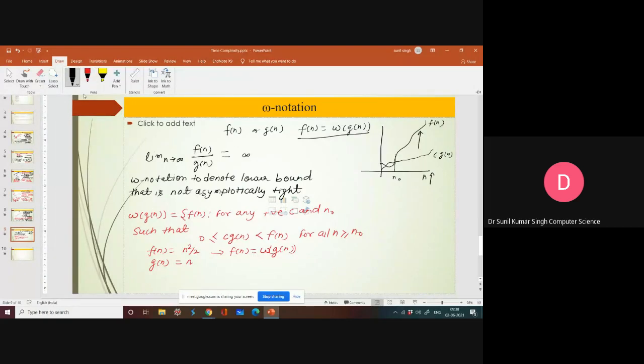So for checking it, what we have to do: greater than or equal to 0, and then c g of n. So here it will become c n and less than or equal to n square by 2.